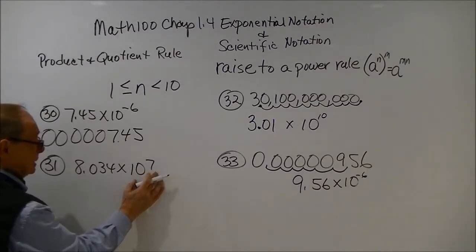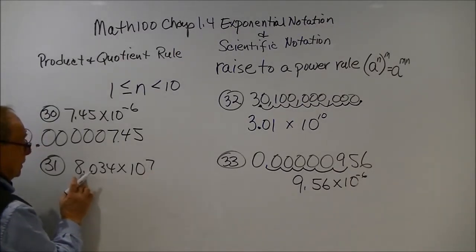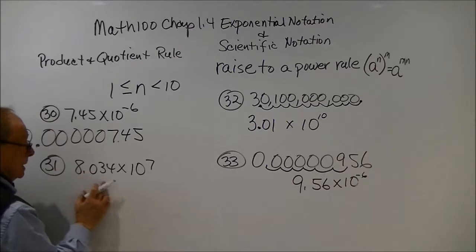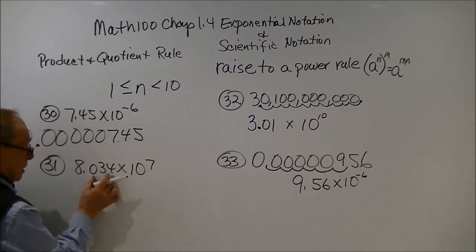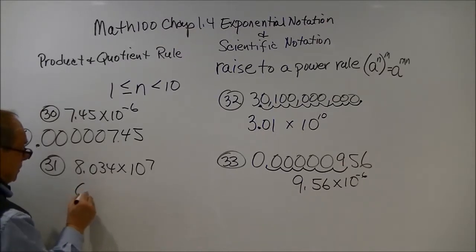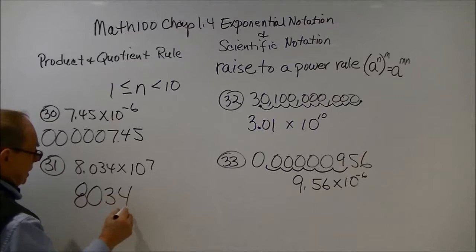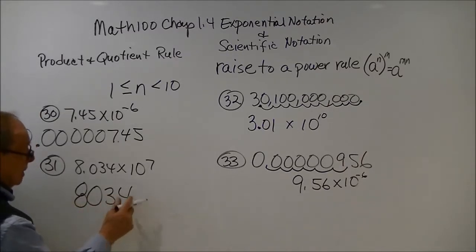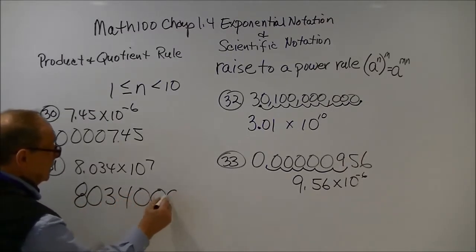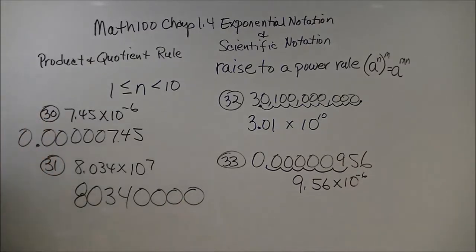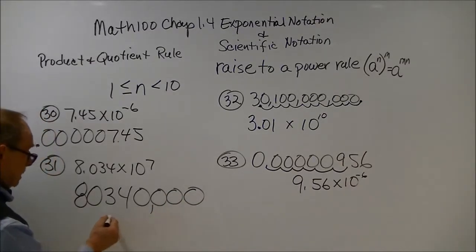So this is a positive exponent. We have to move that decimal place 7 places. Well, when we write this number out, there's 3 already. So 8, 0, 3, 4. There's 3 places, and we have to add 4 more zeros. And there's our answer. And we can put commas in there if we like.